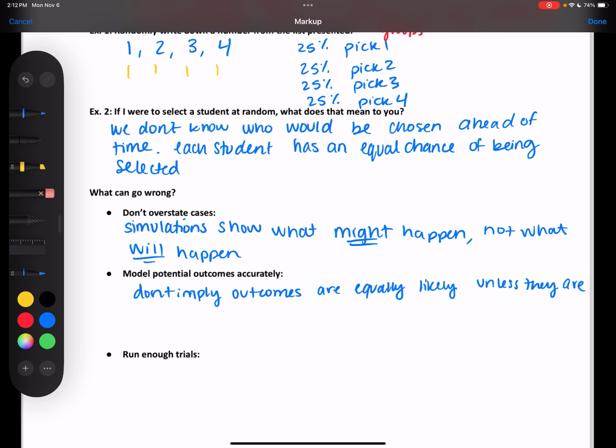We can't model that they all are equally likely to occur. We have to make sure we treat it as what it is. If I put one of you in my stack twice, I can't model this as equally likely for all of you because somebody has a better chance than the others, because 2 out of 5 could be chosen instead of 1 out of 4.